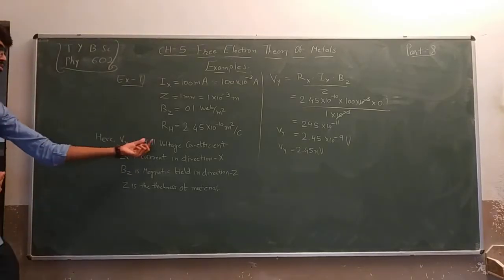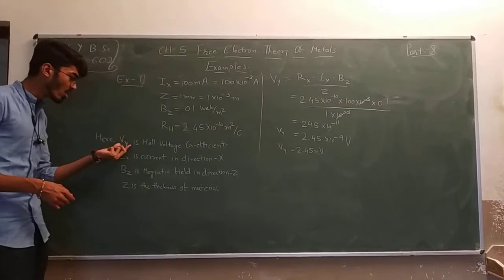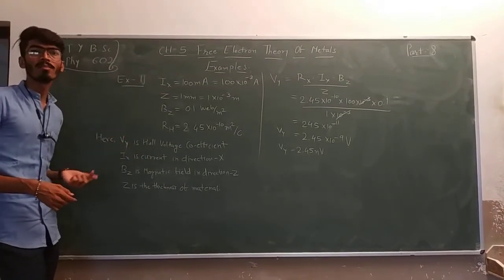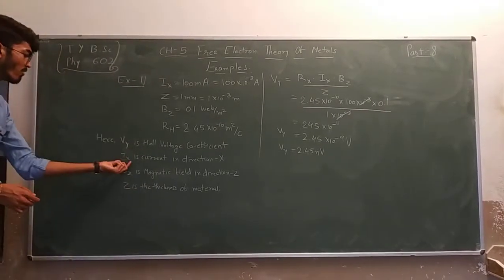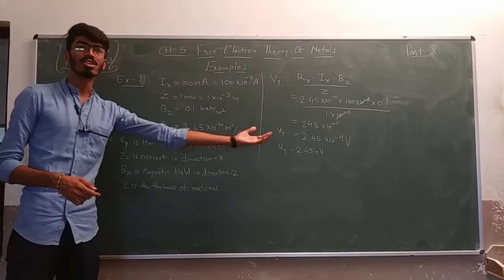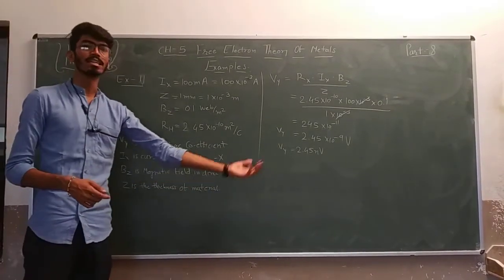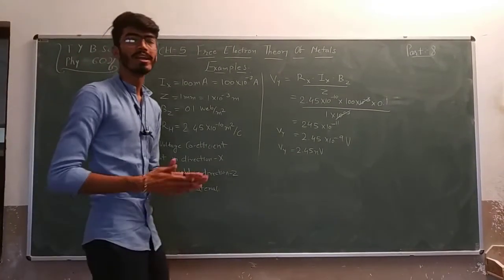V of Y is the Hall voltage, that means EMF, for material sodium. I of X is current in direction X, B of Z is magnetic field in direction Z, and Z is the thickness of the material.